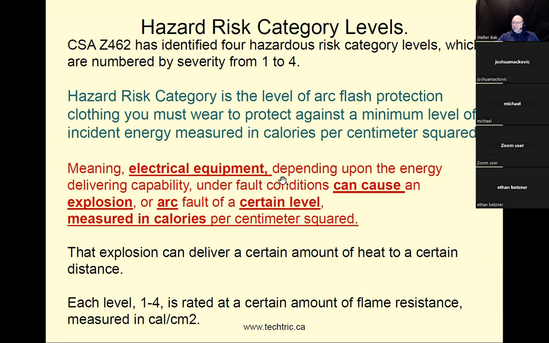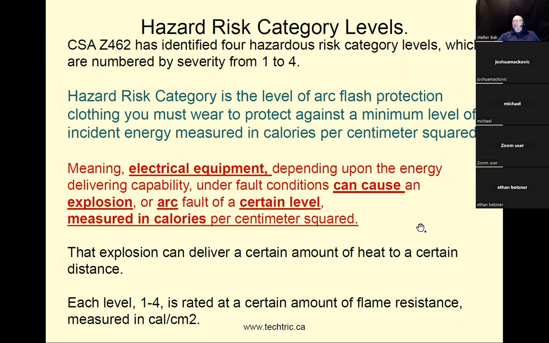What's the meaning? The electrical equipment, depending upon the energy delivering capability under fault conditions, can cause an explosion or arc fault of a certain level, measured in calories per centimeter squared. That explosion can deliver a certain amount of heat to a certain distance. So we're talking about heat now. Each level 1 to 4 is rated at a certain amount of flame resistance measured in calories.